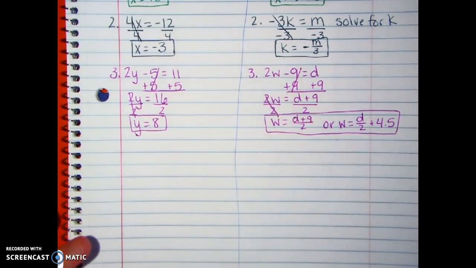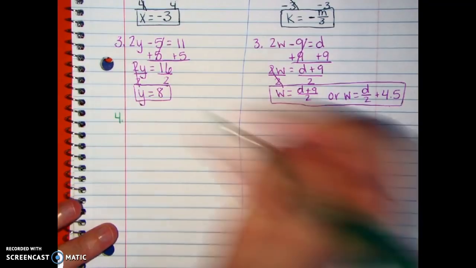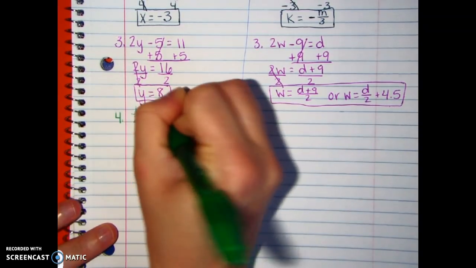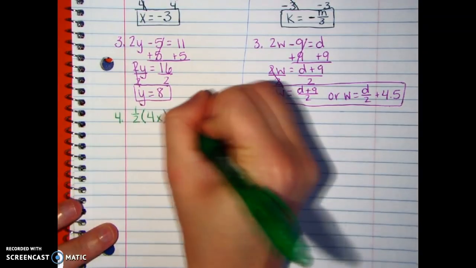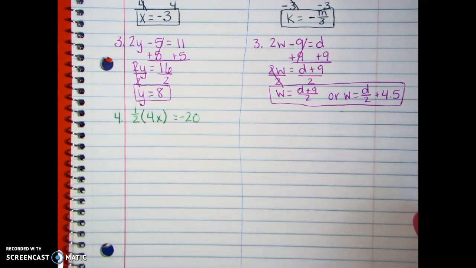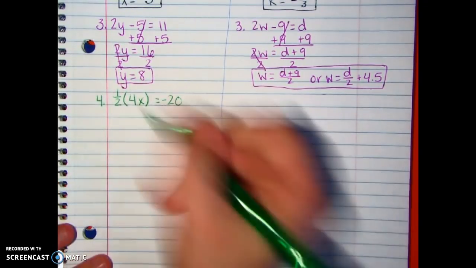Okay, let's look at a few more. Number 4 is 1/2 times 4x equals -20. So go ahead and please solve that one. Okay, I assume most of you multiplied the 1/2 times 4 to get 2.